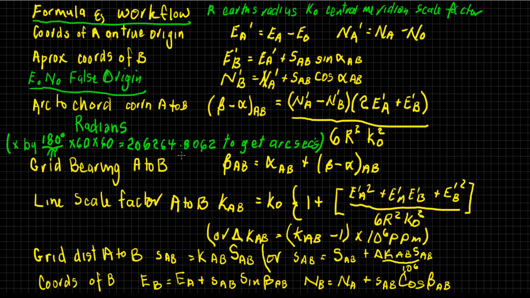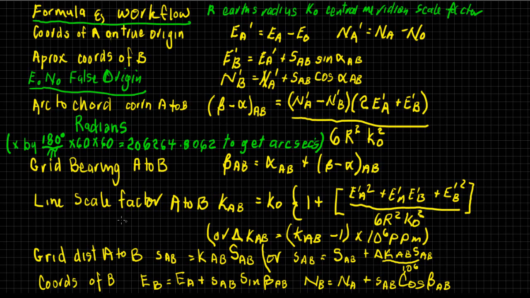We multiply our answer by that, and that will give us the answer in arc seconds. Then we work out our grid bearing from A to B. Here it is: the grid bearing equals the ellipsoidal bearing plus the arc to chord correction.